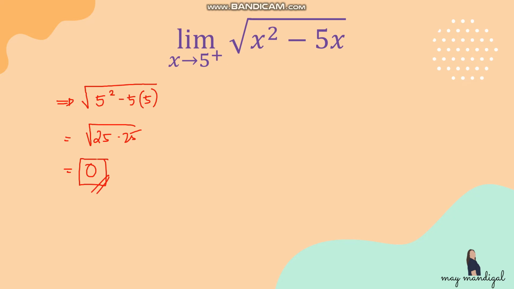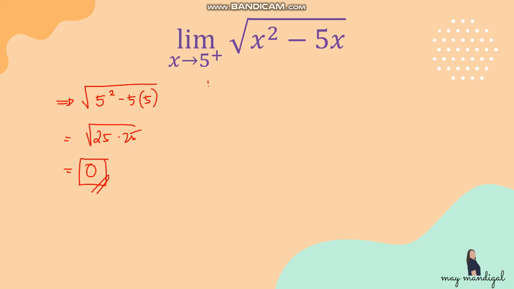So if we do direct substitution to this particular function, the value of the limit will be equal to 0. Now, we have to make sure that the value of the limit is really equal to 0. So how are you going to check? We can identify values from the right of 5, and then substitute them to this given function, and see if it will really approach 0. So what are the values on the right side of 5?